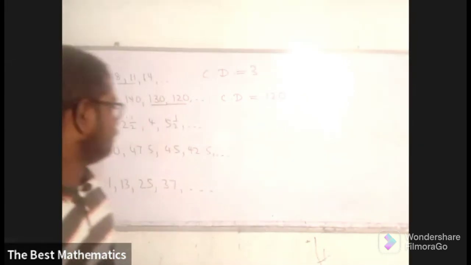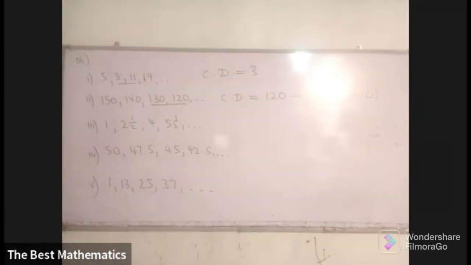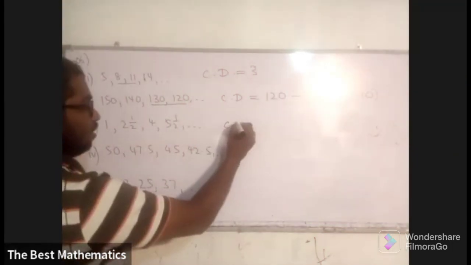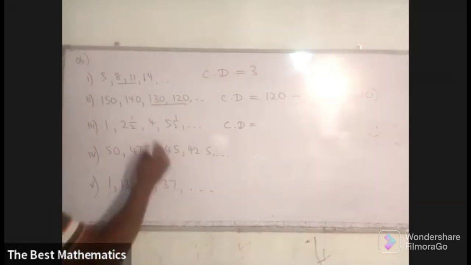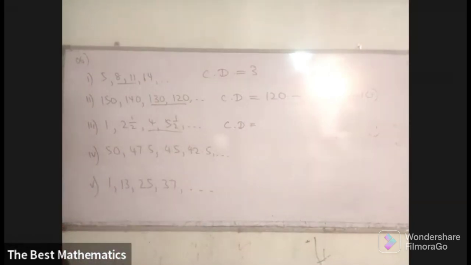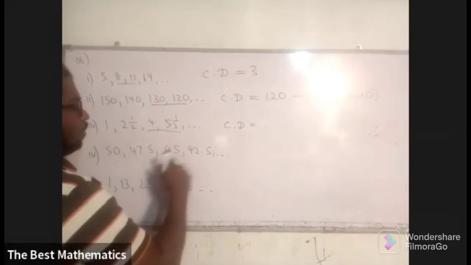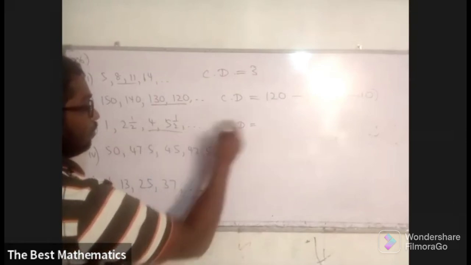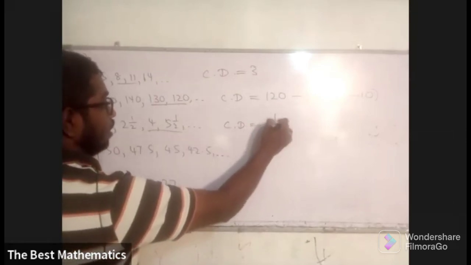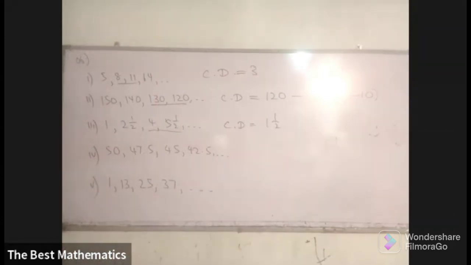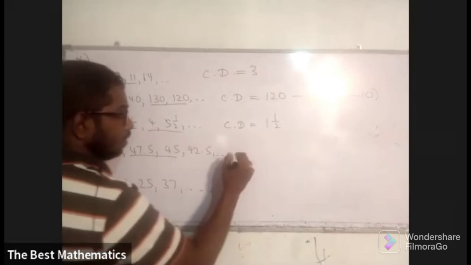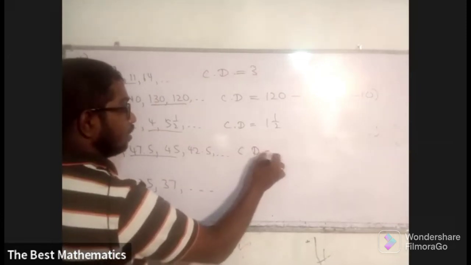Okay, yes. Question number 3. Common difference. Consider two terms. Subtract the previous one from the next one. 5.5 minus 4 is 1.5. Then the same for the next.